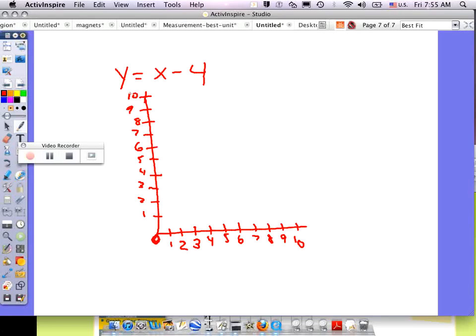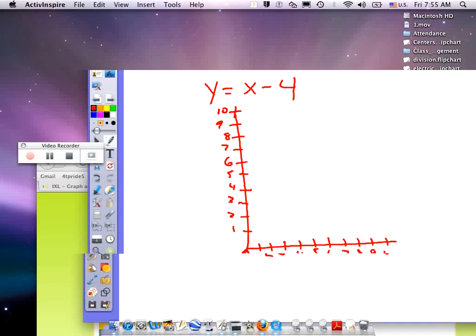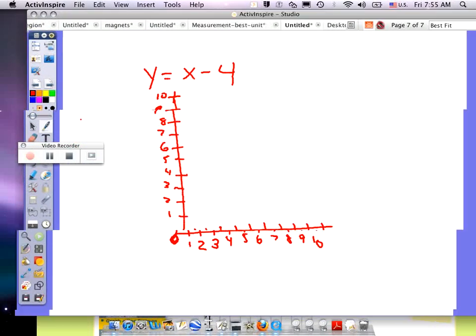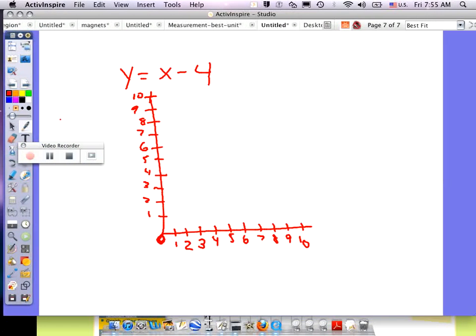On your homework, this graph is drawn for you. Now this is a little bit more difficult, but what you need to do here is find some points. This is a linear equation, so you're going to find some coordinates that make this true.